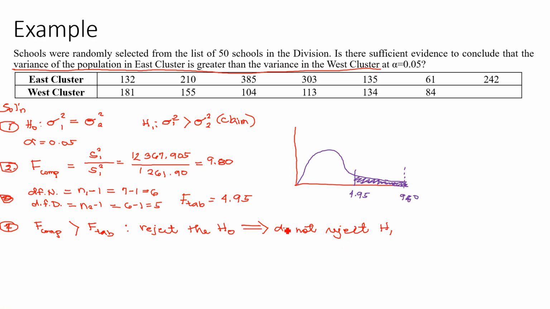Therefore, we could now say here, for our step 5, that there is enough evidence to support the claim of the researcher.